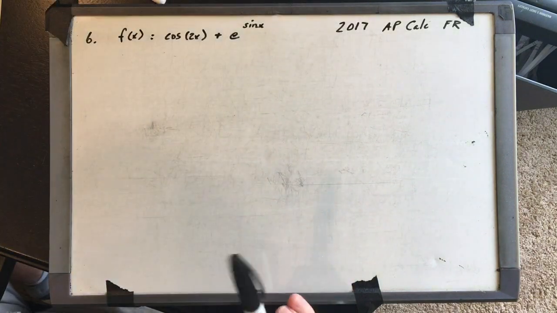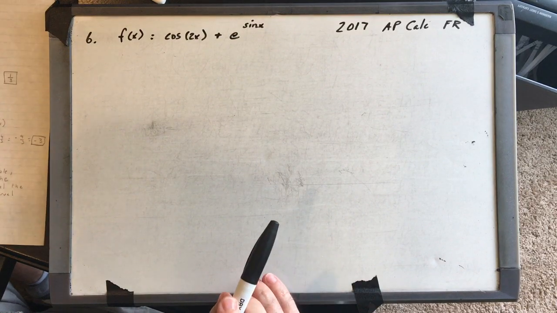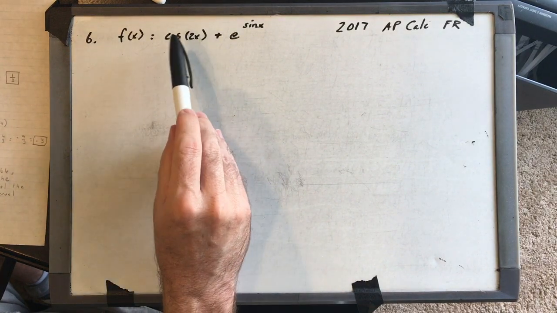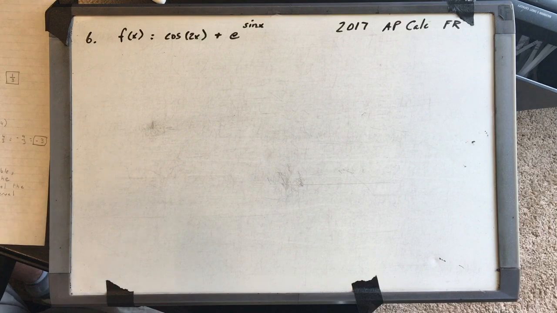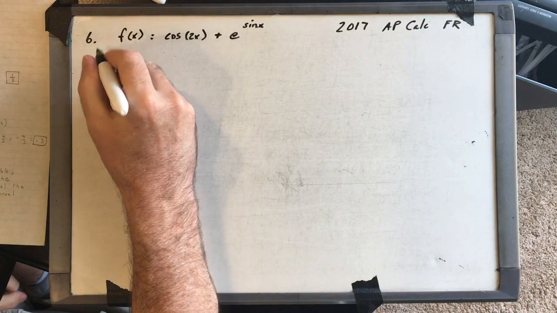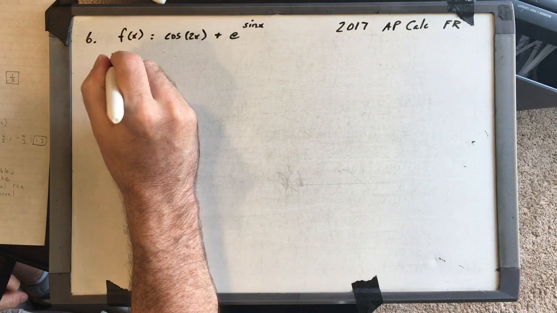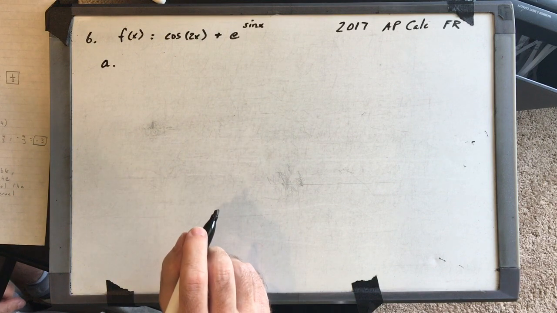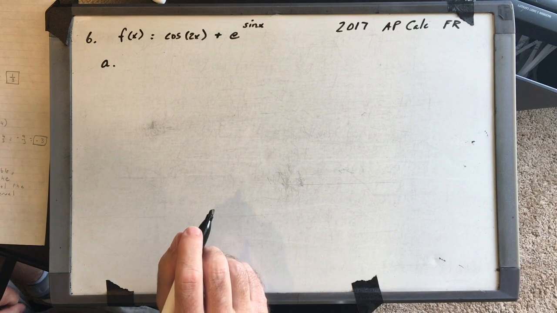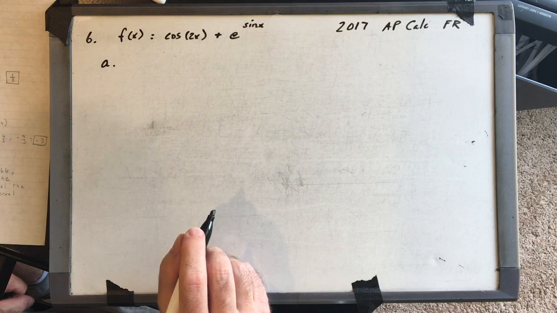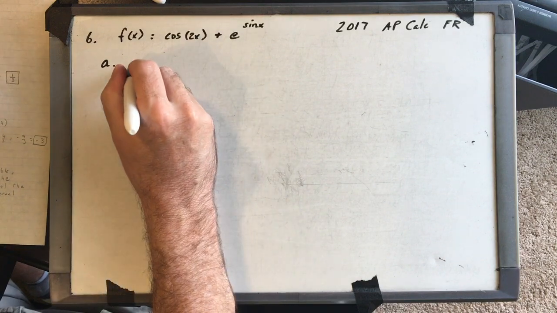So the function that we start with, f of x is cosine of 2x plus e to the sine of x. And part A says, find the slope of the line tangent to the graph at x equals pi. Well, to get a slope, we're going to have to take a derivative.